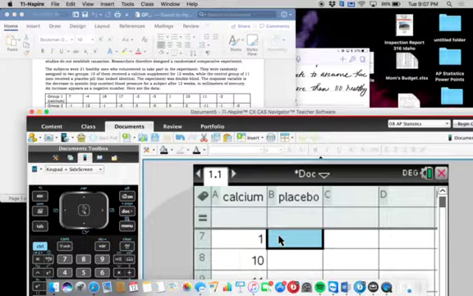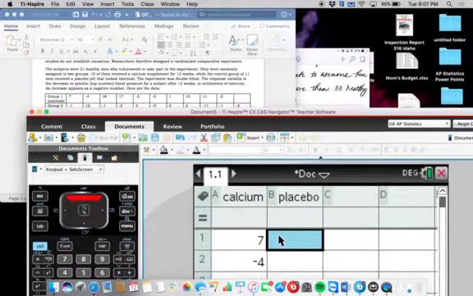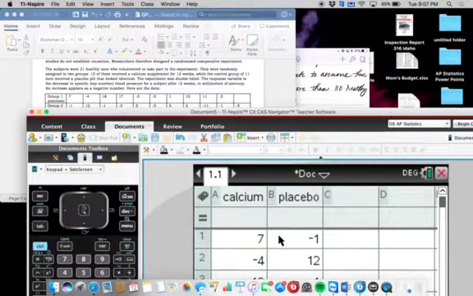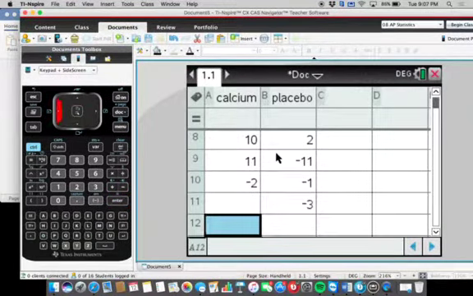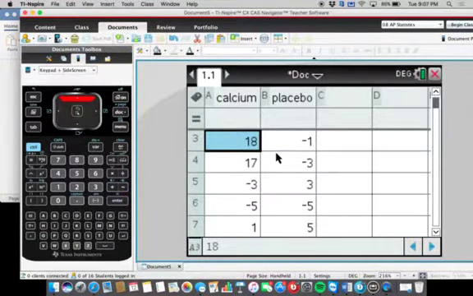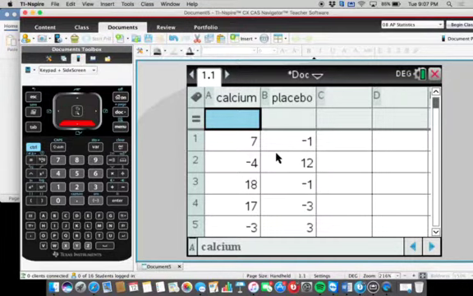Okay, so those are our calcium values, and then we just type in our placebo values, which are -1, 12, -1, -3, 3, -5, 5, 2, -11, -1, and -3. Okay, those should be all of our numbers. Hopefully I didn't miss any, and hopefully I typed them in correctly.